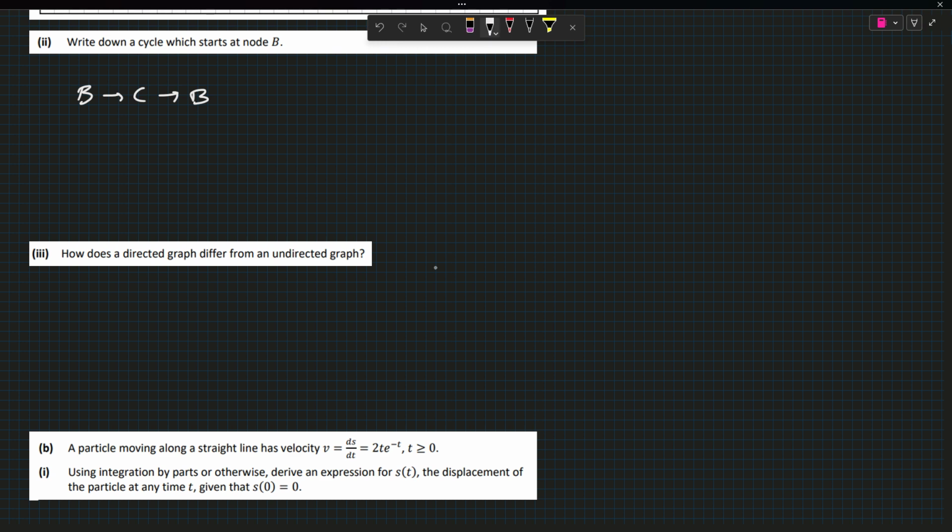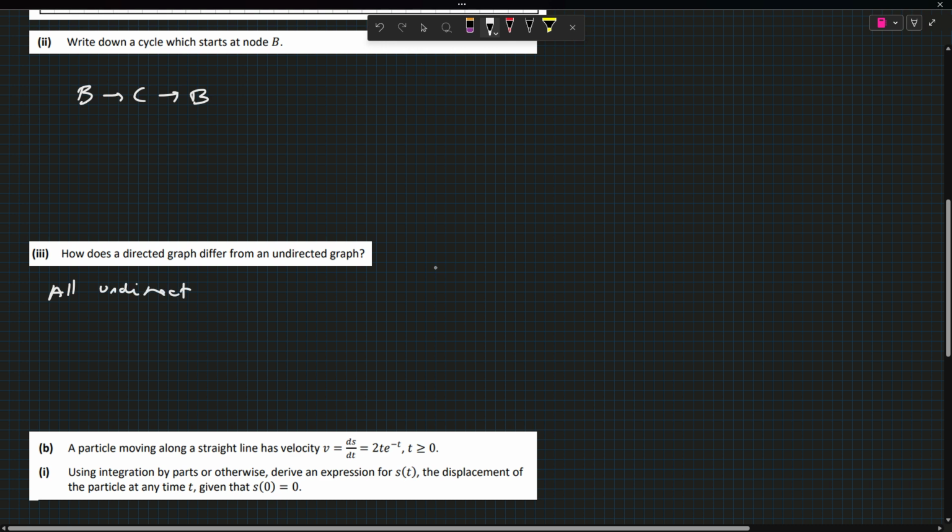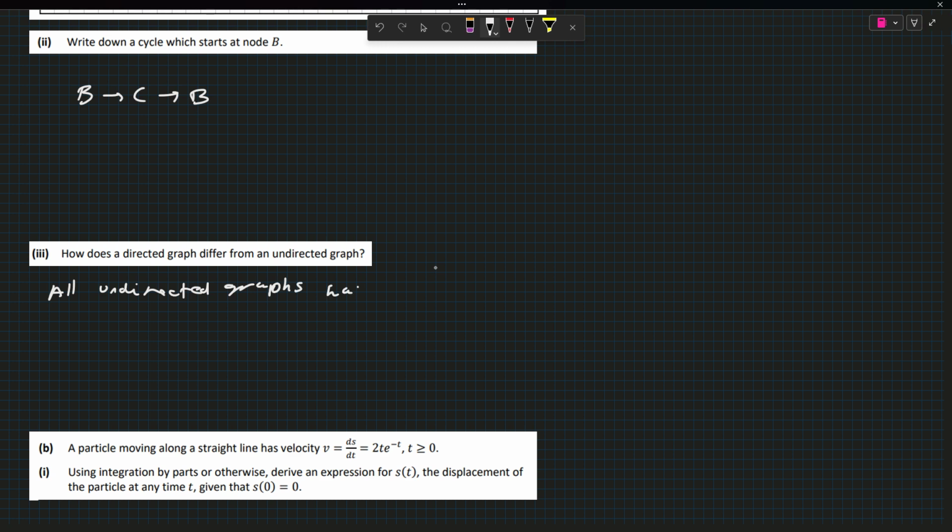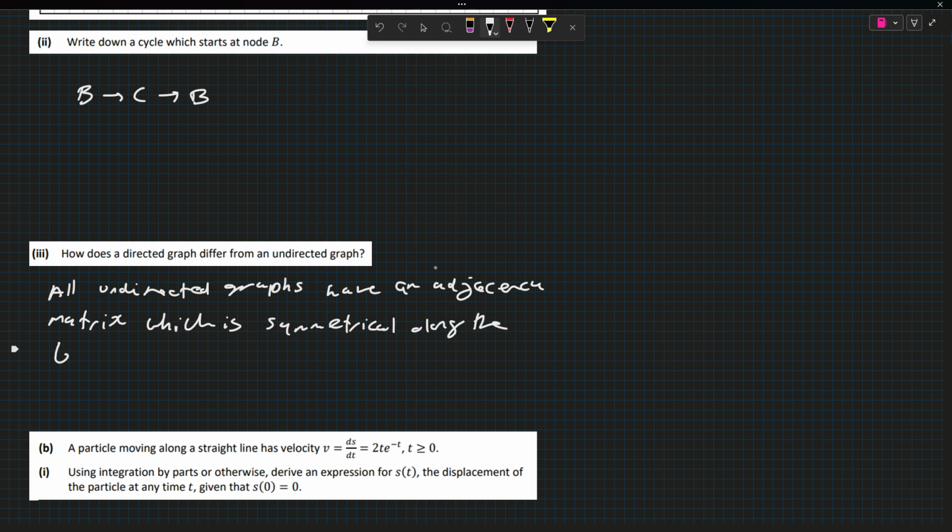So all undirected graphs have an adjacency matrix which is symmetrical along the leading diagonal.